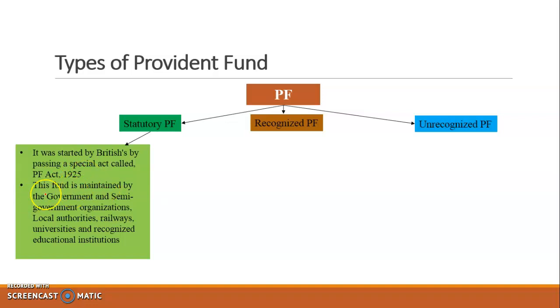This fund is maintained by the government and semi-government organizations, local authorities, railways, universities and recognized educational institutes. These are the organizations which still follow the statutory PF, in which there are separate kinds of tax treatments, which we'll do in detail in the coming slides.